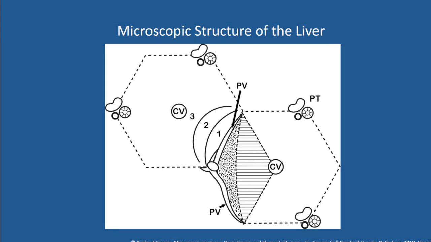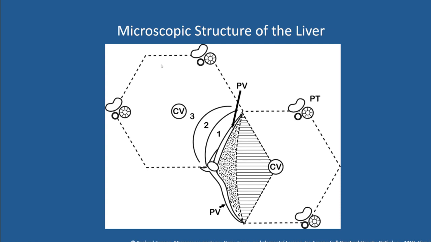Now, if you open a chapter or a textbook on liver pathology, you see graphics that look somewhat like this. And we are told that the liver is made up of hexagonal lobules, which have the portal tracts at the periphery of these lobules and the central veins in the center. So this is the lobule as we know it.